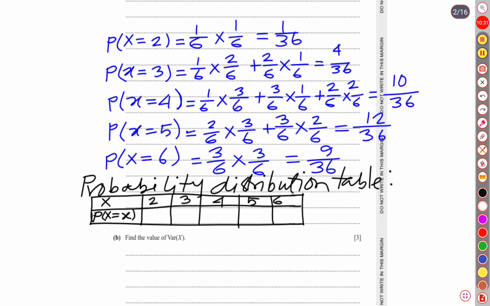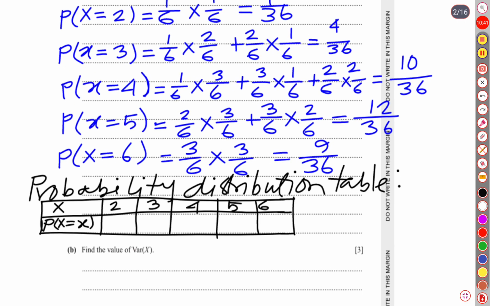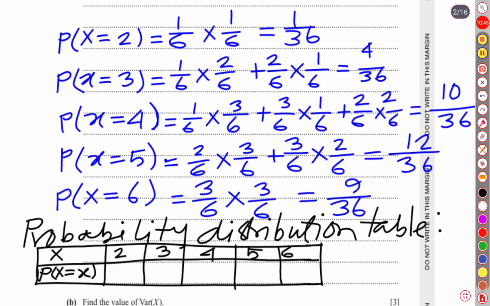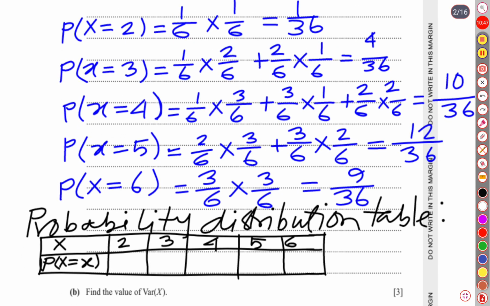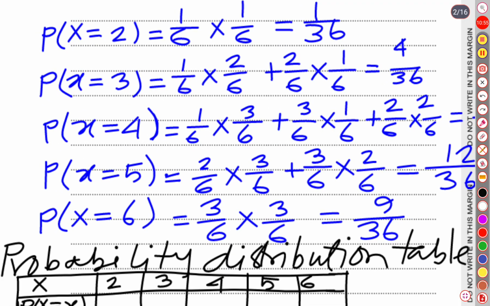When the total score is 2, our probability is 1 over 36. Let's divide 1 by 36. I will need a larger space.